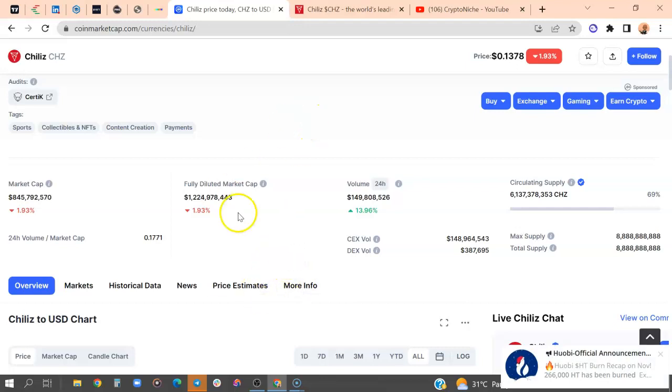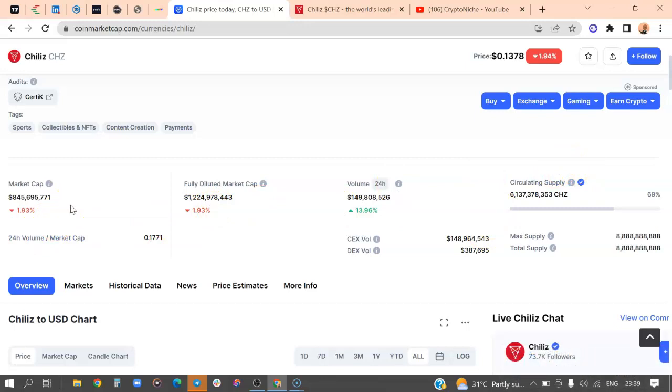It's not like you're shorting a coin with a 10 million market cap, where if anybody decides to buy that token with 1 million, you will likely be wrecked. Because the market cap is low.